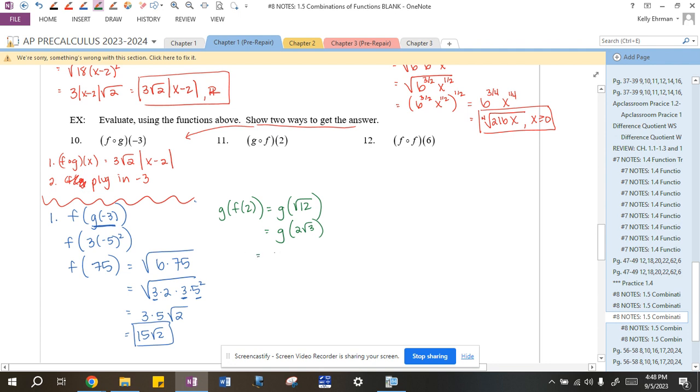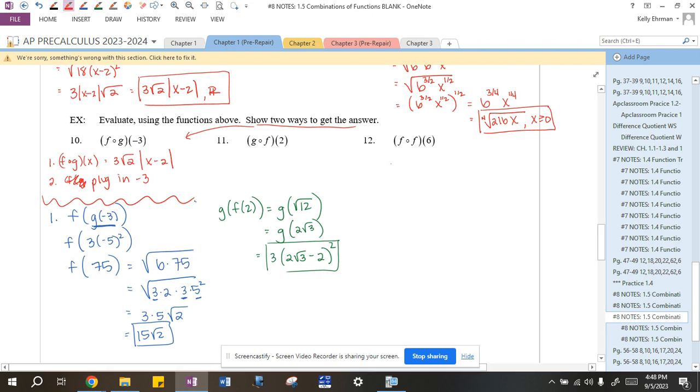Okay, then g's function is 3 times x minus 2 squared. Now I just leave the answer like this. If we don't want to leave the answer like that, then we've got to square the whole thing out. But again, it depends on what we're looking for. I would consider that to be simplified.